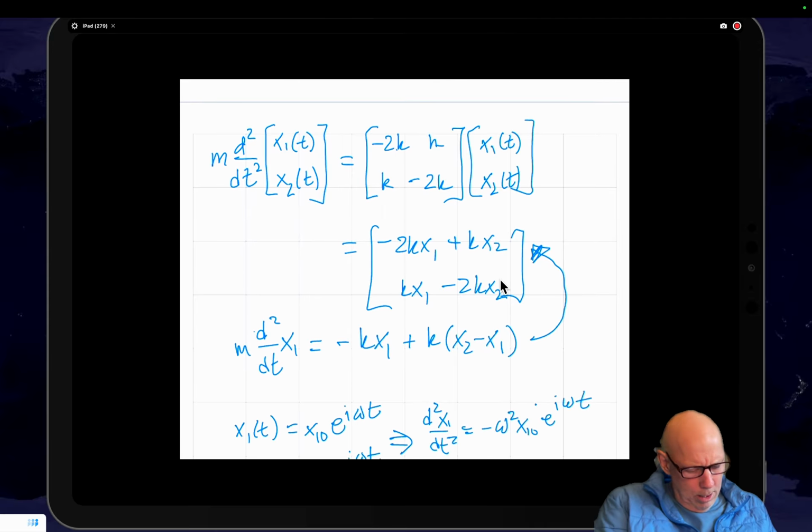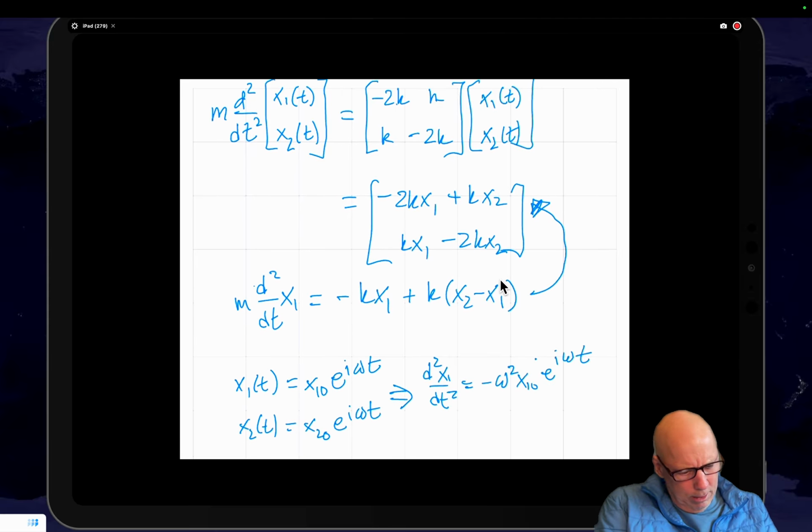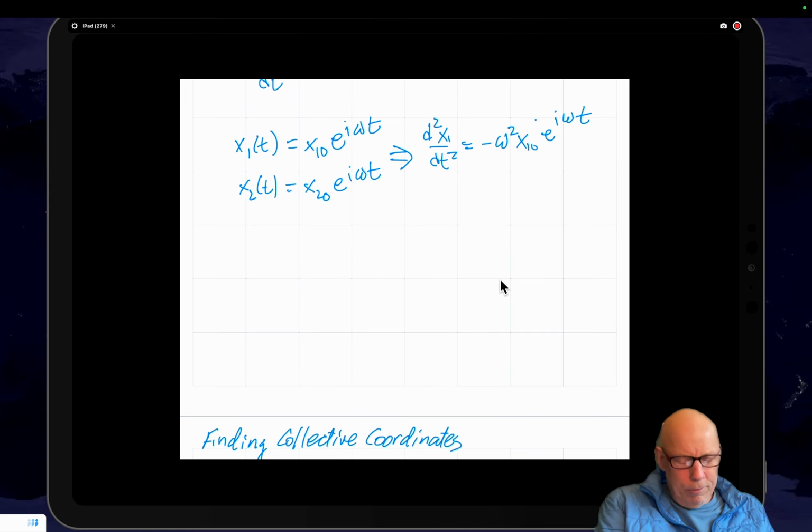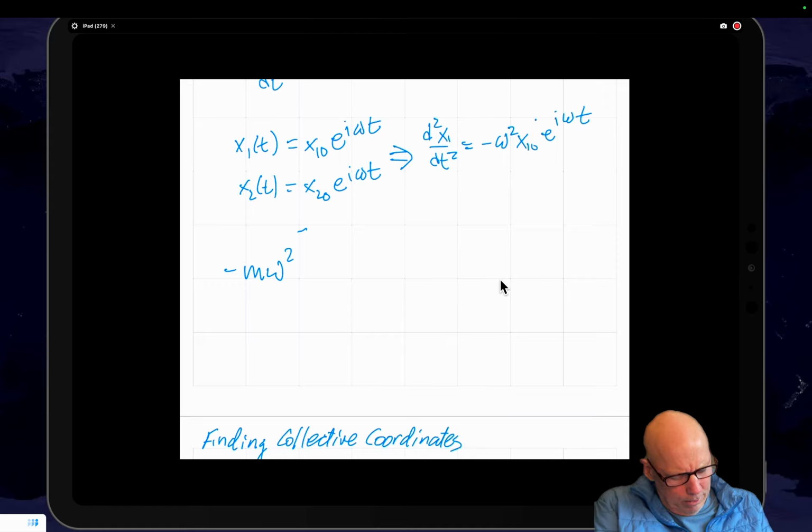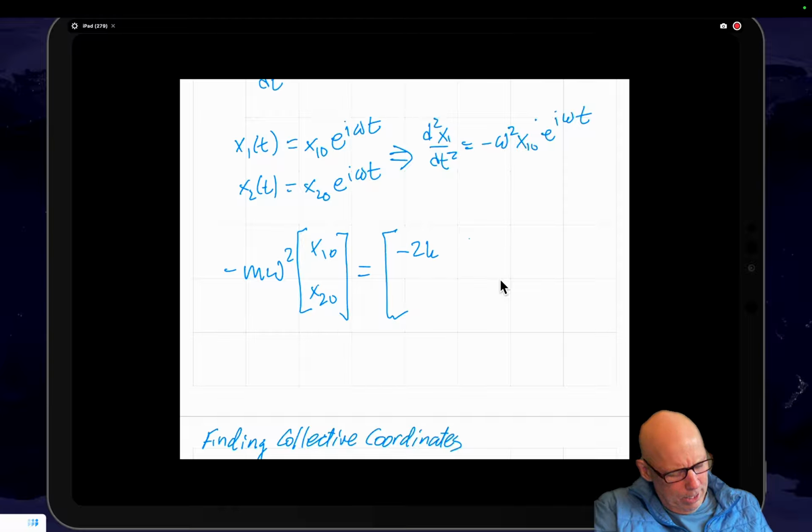into this equation, what I'm going to be left with is minus m omega squared times (x1 naught, x2 naught), and that's going to be equal to the matrix minus 2k, k, k, minus 2k acting on (x1 naught, x2 naught).